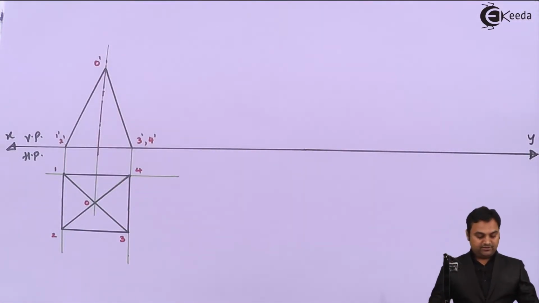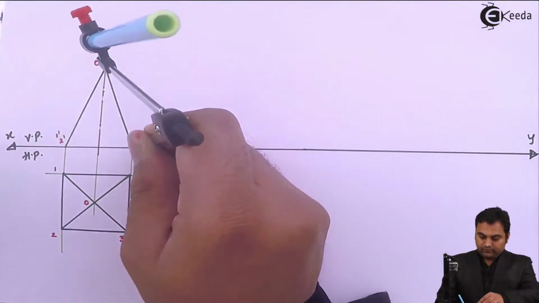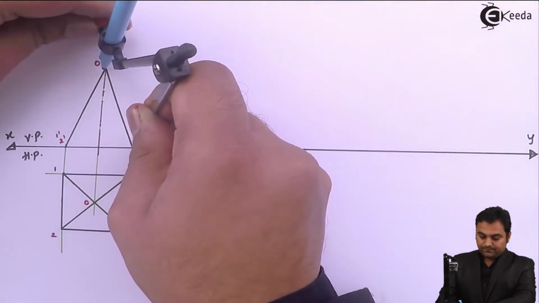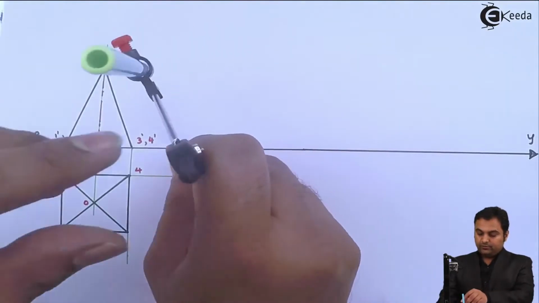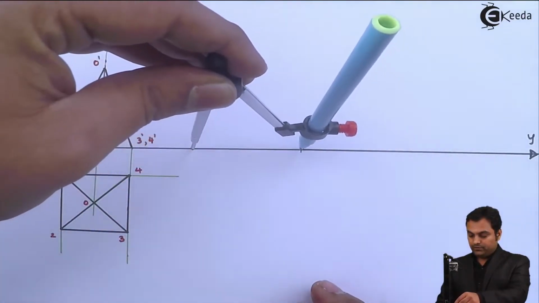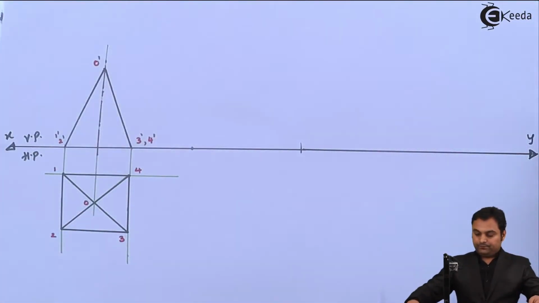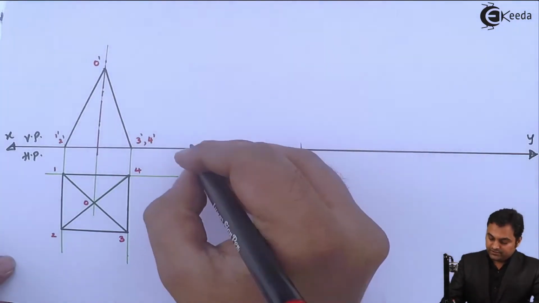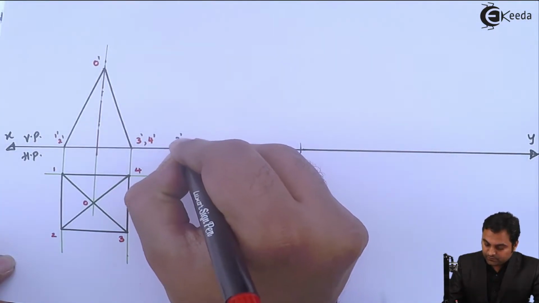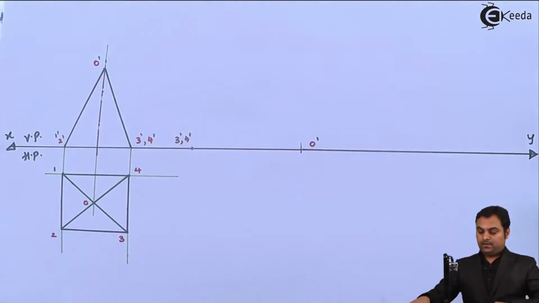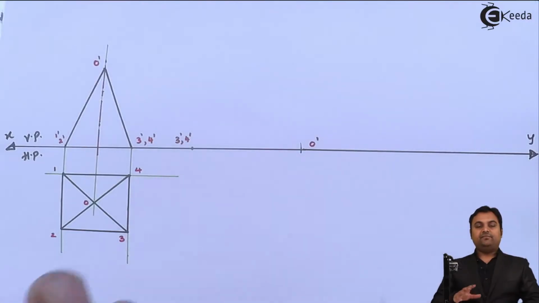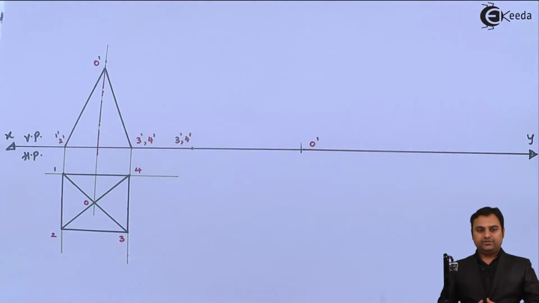So first I'll measure that distance from 3 dash to O dash, and I'm going to mark it over here, over the XY line. So this distance is 3 dash, comma 4 dash, and here I have O dash. It means I have made this pyramid rest on its triangular face.